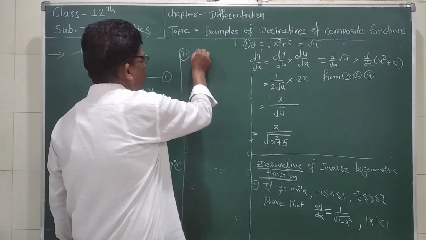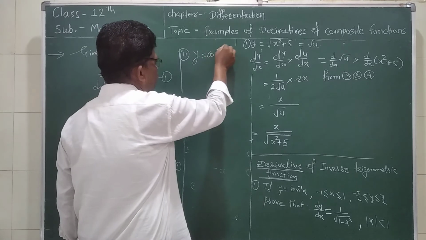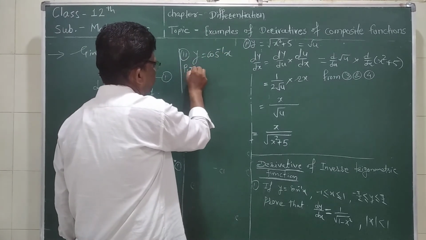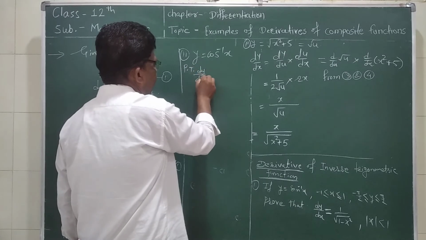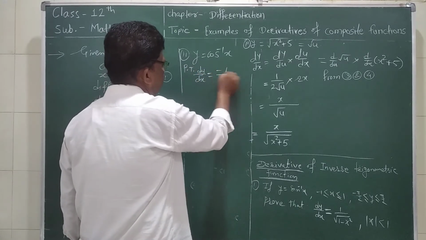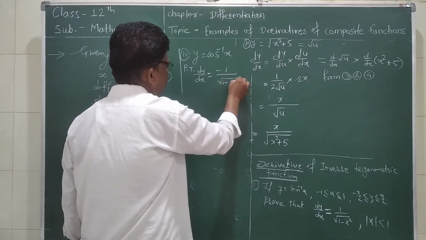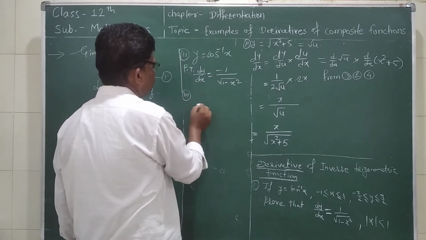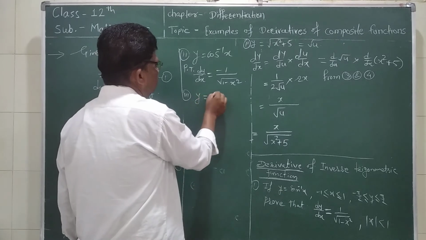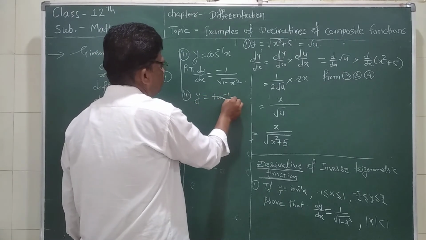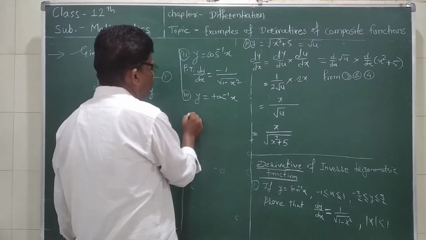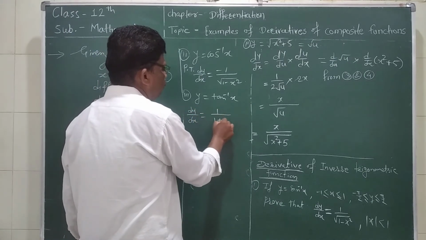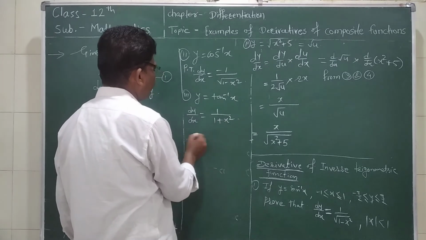Second one is if y equal to cos inverse x, then prove that dy by dx is equal to minus 1 upon under root 1 minus x square. Third one is y equal to tan inverse x, then dy by dx is equal to 1 upon 1 plus x square.